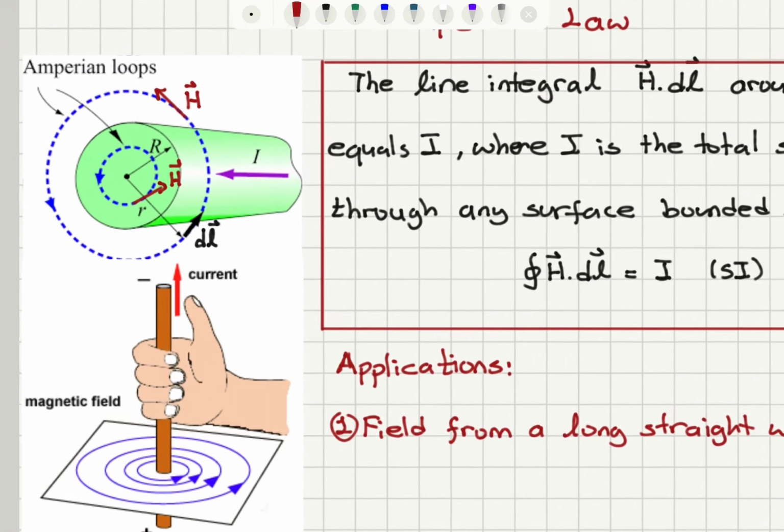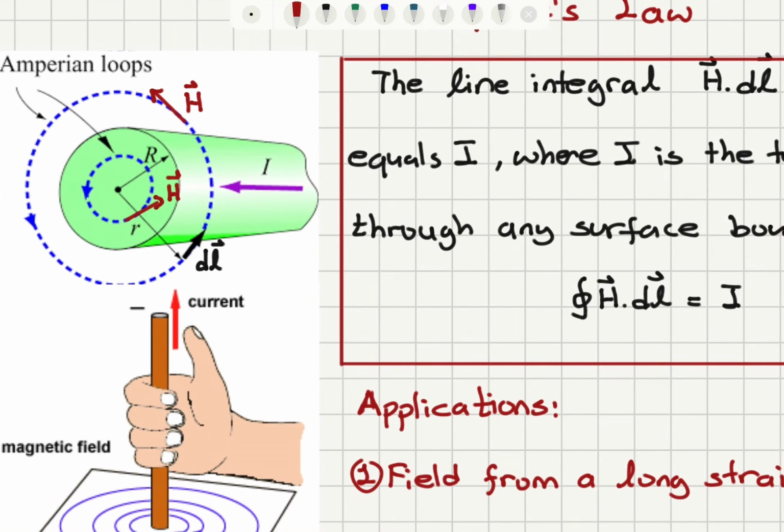Now, here is our long straight wire, and we're going to calculate the magnetic field that is inside this wire and outside this wire. So basically, we're going to form two loops, which are called Amperian loops.